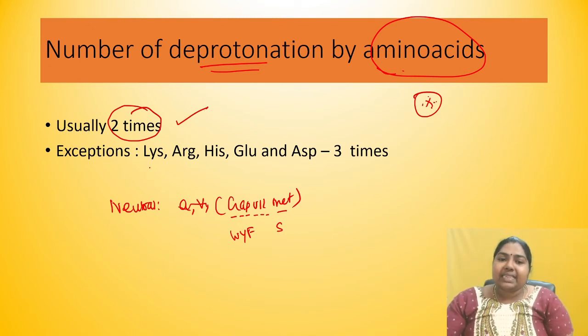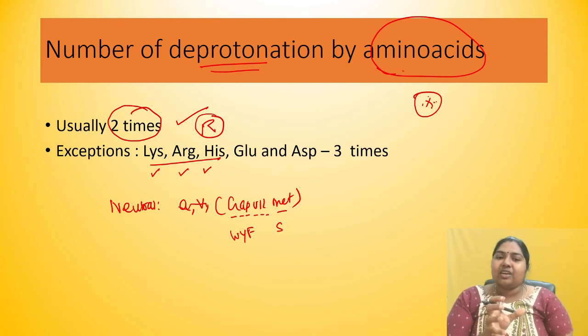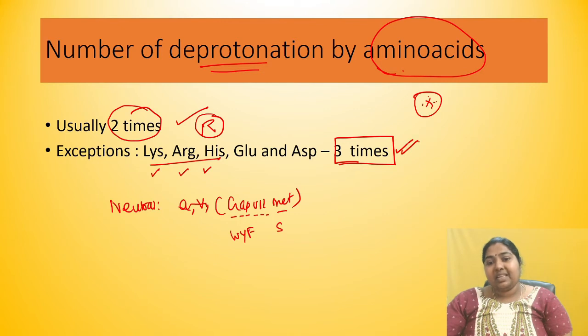But if you take the basic amino acids like lysine, arginine and histidine, they have an additional R group, isn't it? So your normal group will undergo deprotonation once, but this extra group will undergo one more time. So thereby 1 time is increased. So the number of deprotonation becomes 3 times.